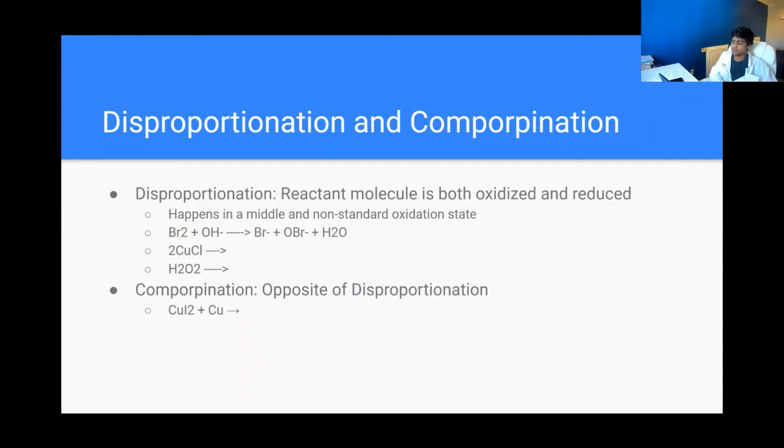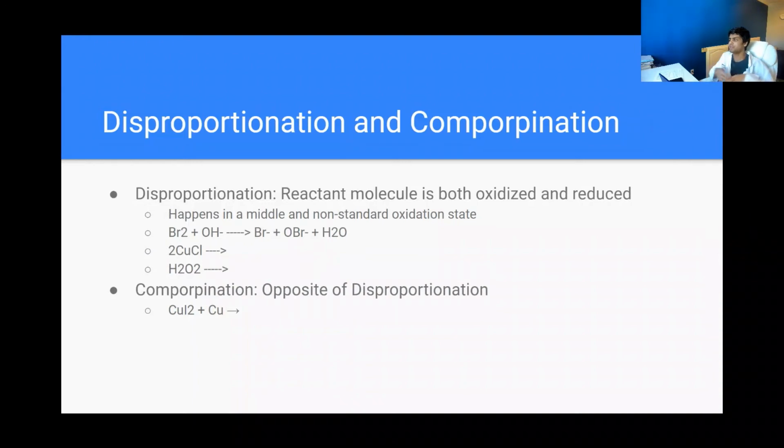Now we're going to disproportionation and comproportionation. In disproportionation, the reactant molecule is both oxidized and reduced. So it happens in the middle, non-standard oxidation state. Let's take a look at Br2. Br2 has an oxidation state of 0. But that's not the highest you can go.